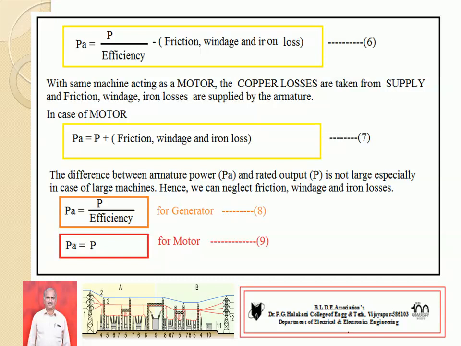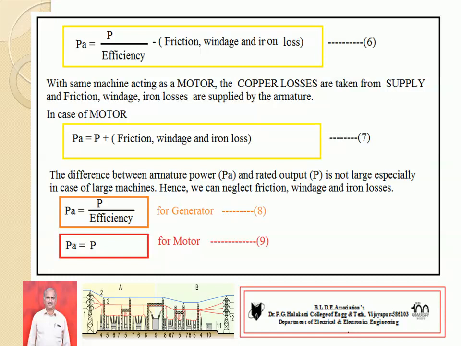However, one main assumption is that for larger rating of machines, variation of these losses is very less. Hence, friction, windage and iron losses are neglected. Finally, it becomes Pa equal to P by efficiency for generator, equation 8. Pa equal to P for motor, equation 9.